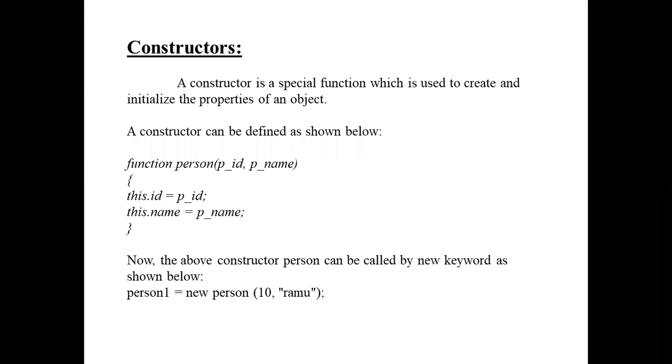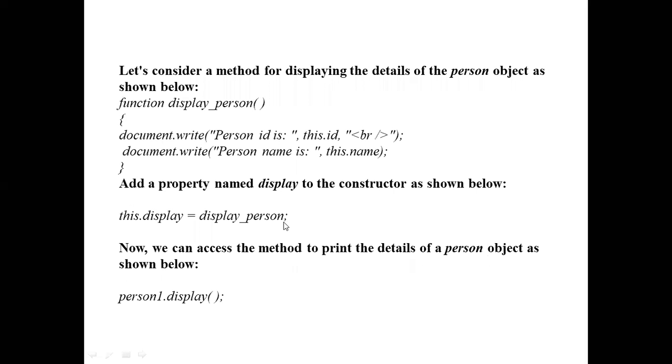Now the constructor contains this.id = p_id, this.name = p_name, and this.display = display_person. So this.id and this.name are the properties of the object, and this.display is the method of the object. We add the properties of the object and the methods of the object to the constructor.